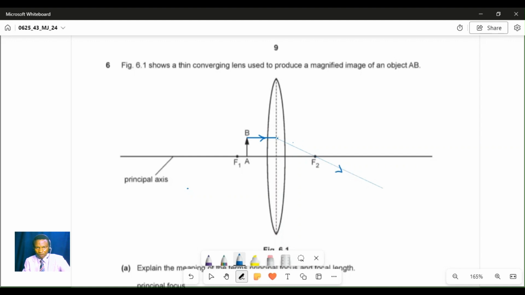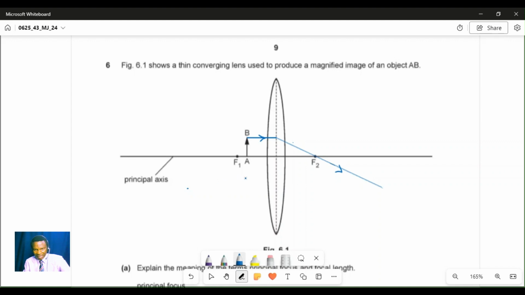This ray that passes through F2, this point here where the ray crosses the principal axis, is called the principal focus. So the principal focus is a point where rays parallel to the principal axis converge after passing through the lens.